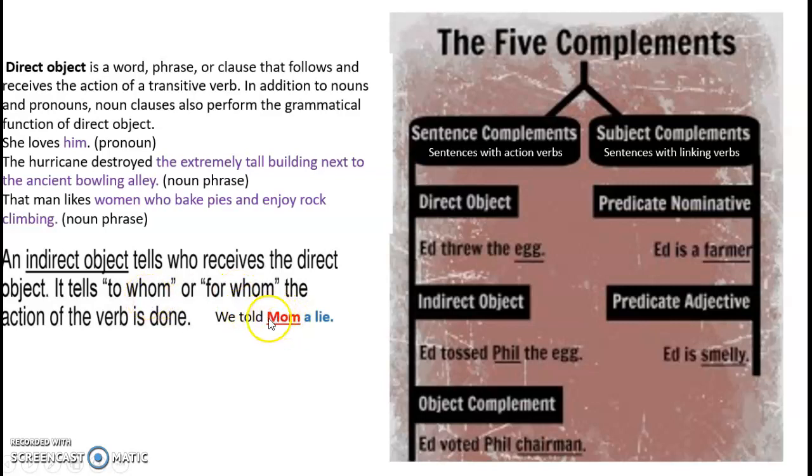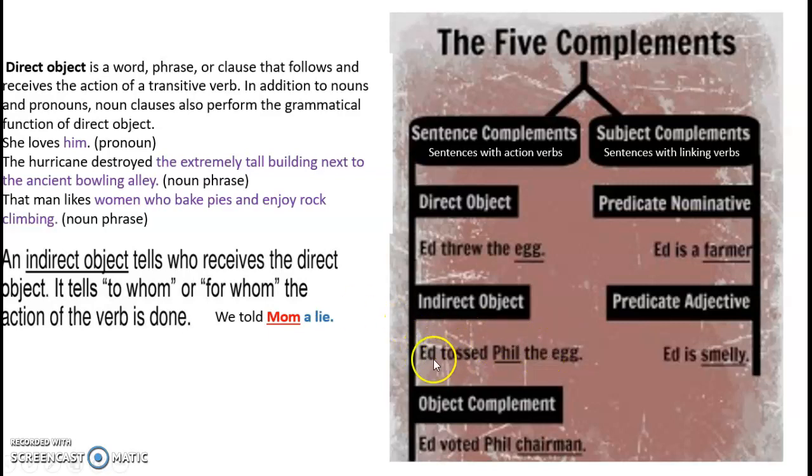So in this case, mom is the indirect object because it tells me for whom or to whom the action told was done. As you can see, not in all cases but in most cases, the indirect object is next to the verb, and the direct object comes after the indirect object.